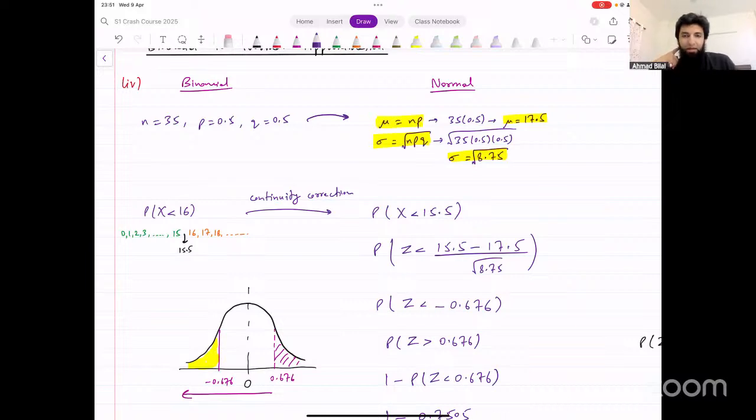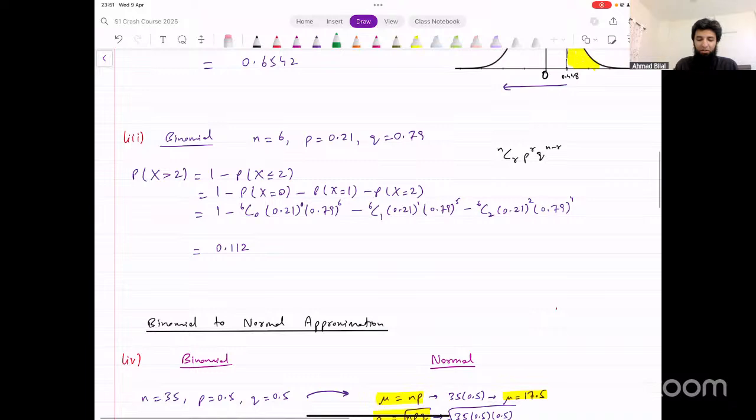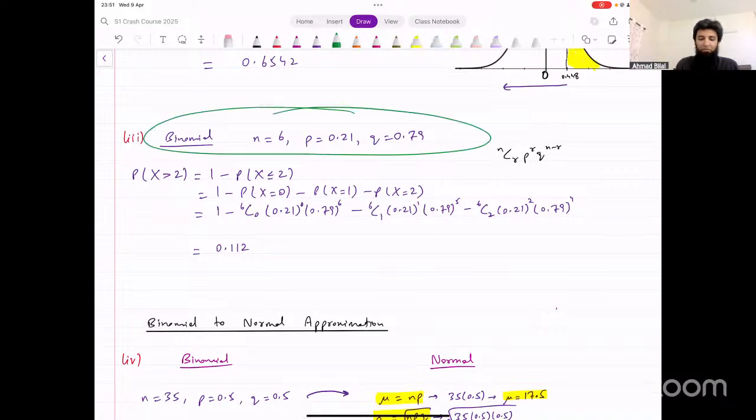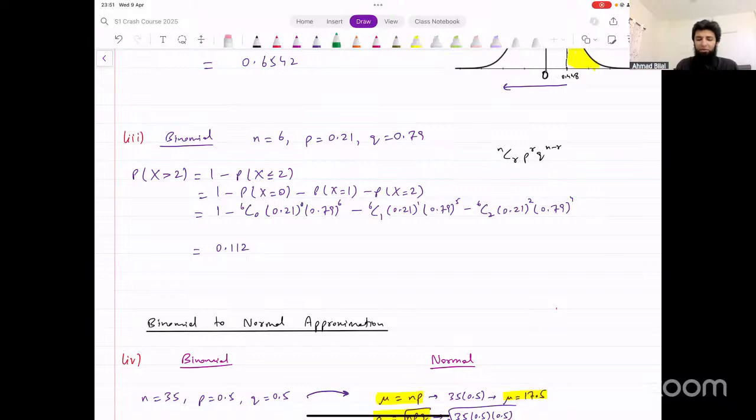Okay. Now, can we always do this? Can we always approximate? Could we do this approximation in the previous example as well? We had n equal to 6. We could say, okay, that's too much calculation, three probabilities that we have to find. That's too many. Why not just approximate it as normal? Can we always do it? There's a condition for it.